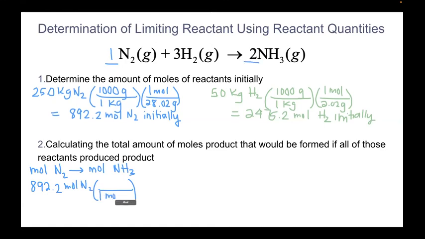So when I plug that into my calculator, we end up getting that if all of 892.2 moles of nitrogen gas react to form ammonia, this would produce 1784 moles of NH3. Okay, so we have that many moles of NH3 that would be produced if all of my nitrogen gas reacts away.